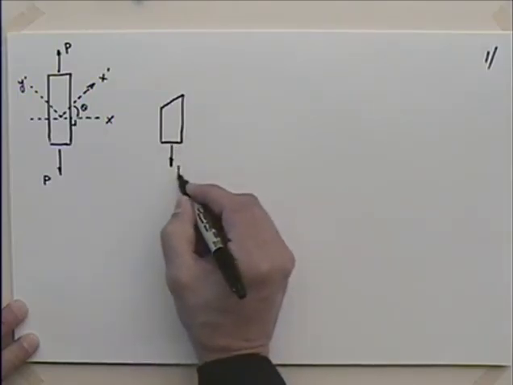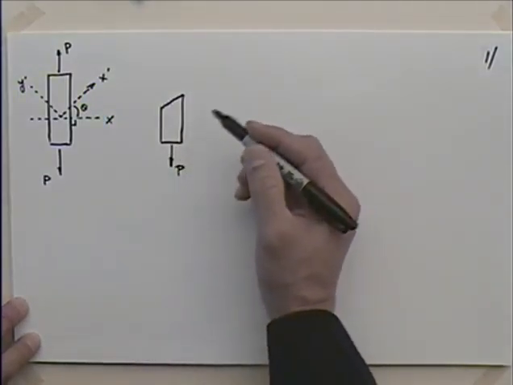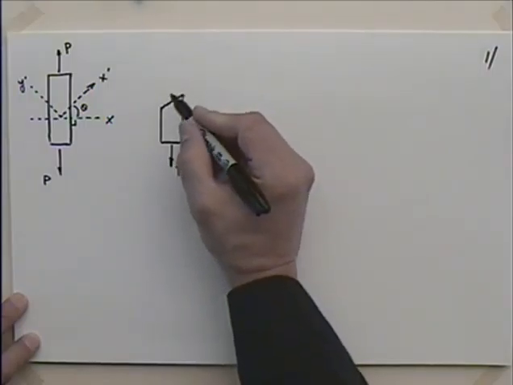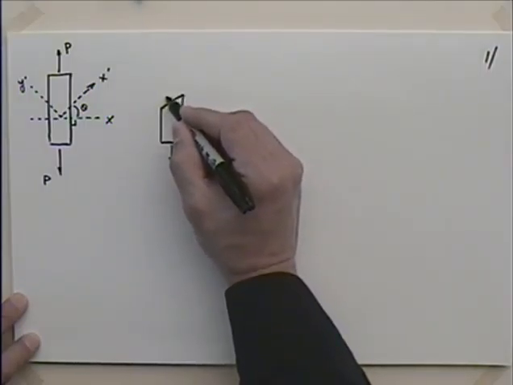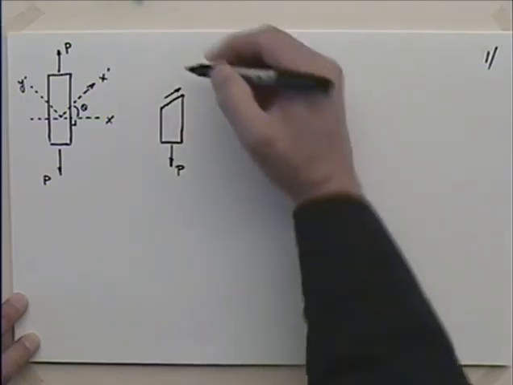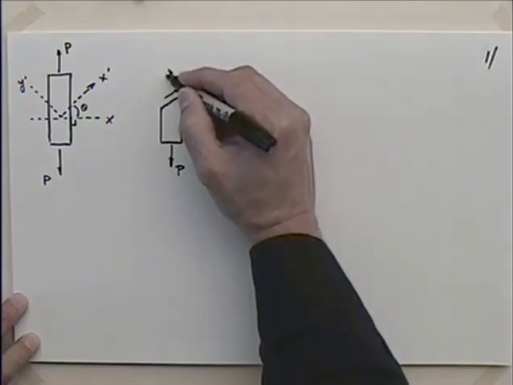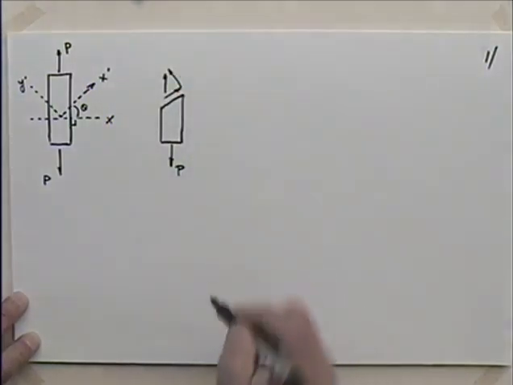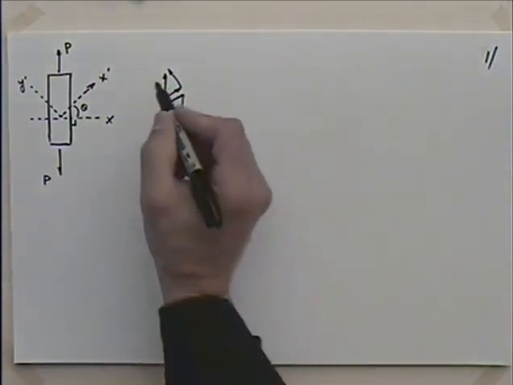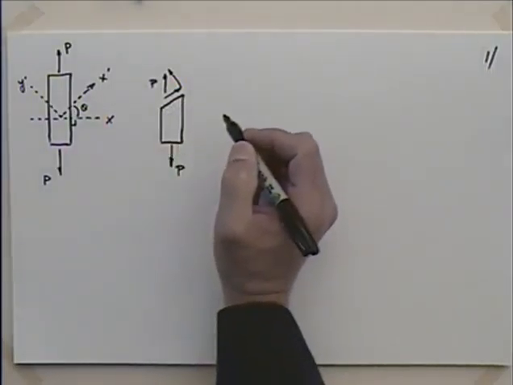You can imagine if you were to cut across there at that angle, I'd still have this force down here, P, and then I'm going to have a couple of forces, one on this surface here, and one like that. Of course, those are going to resolve into the original value P, so that this thing is in equilibrium.